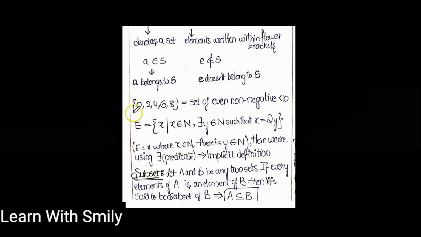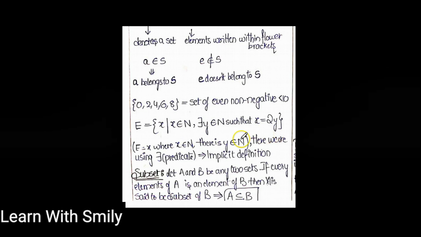So we are taking these 5 numbers and we can write an implicit definition. Here we denote the set with a capital letter, and this can be read as E equals X, where X belongs to N, and there is Y belongs to N such that X equals 2Y.